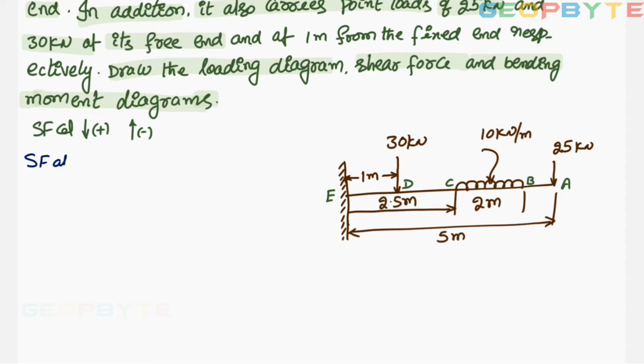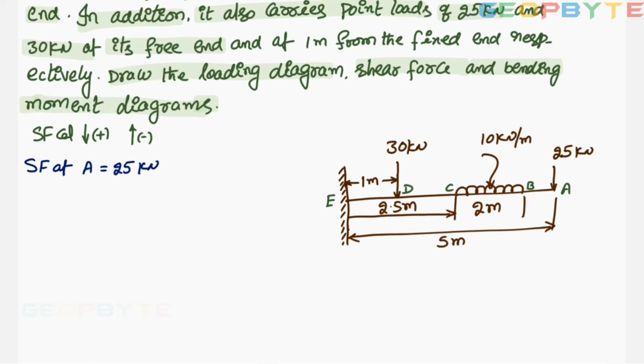Shear force at A is equal to 25 kilonewtons, plus, because it is a downward force. Similarly, shear force at B is equal to 25 only. At B there is no load, so it is 25 kilonewtons.